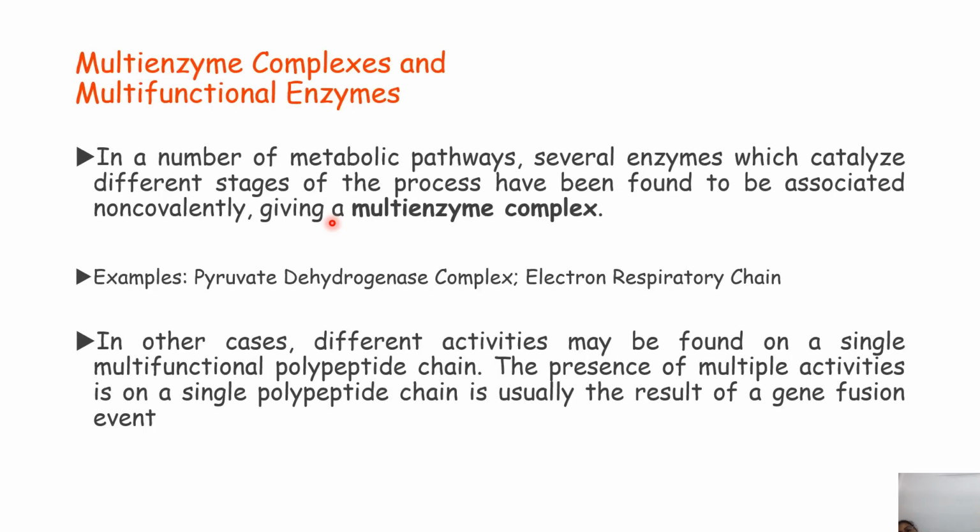In a number of metabolic pathways, several enzymes which catalyze different stages of the process have been found to be associated non-covalently, giving a multi-enzyme complex, like the pyruvate dehydrogenase complex. In other cases, different activities may be found on a single multifunctional polypeptide chain. The presence of multiple activities on a single polypeptide chain is usually the result of a gene fusion event.